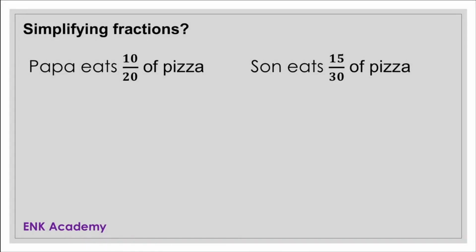So how do we then simplify fractions? Imagine Papa eats 10 parts out of 20, and then the son eats 15 parts out of 30. We can try to simplify to see if those ratios are the same.